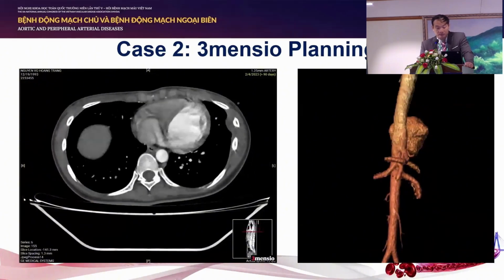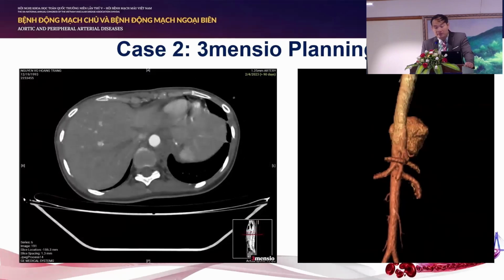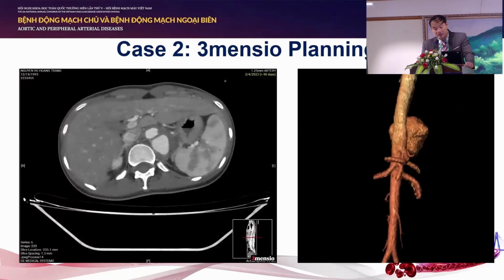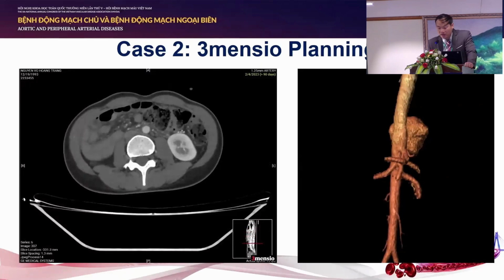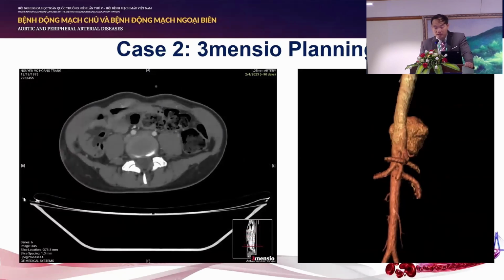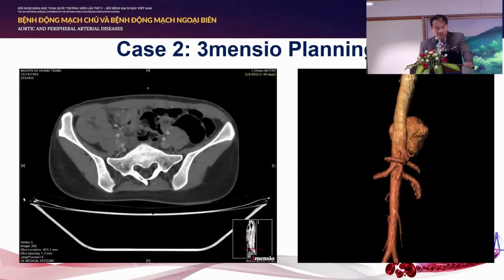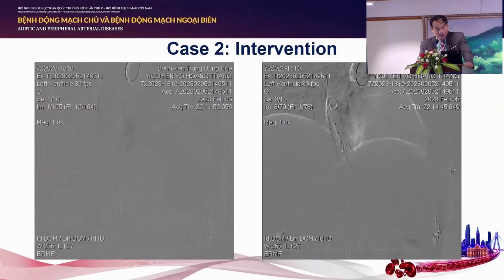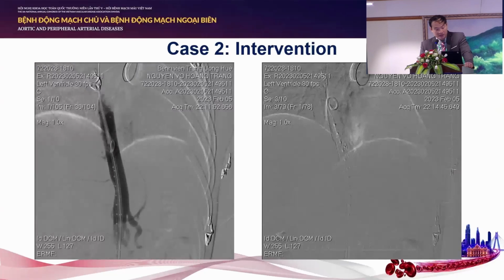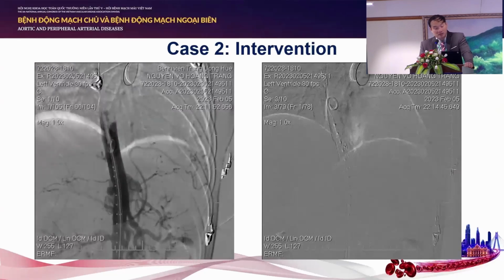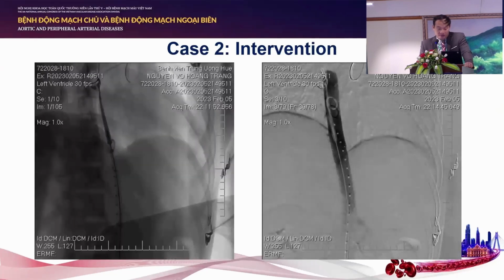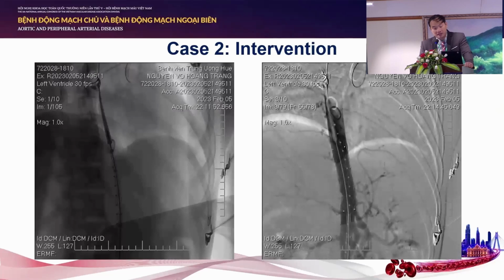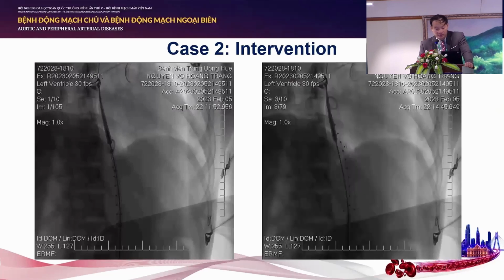We discussed with surgery; it is very difficult to approach by surgery. For the interventional choice, we can put a stent graft in this patient, above the celiac. It is a very good result, and when we followed up 6 months after, the result was still very good.